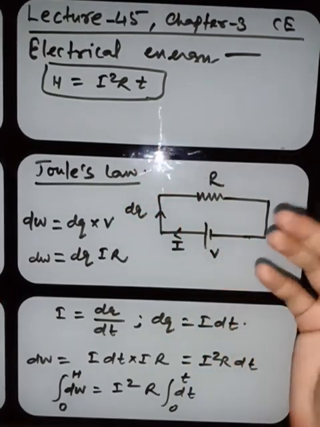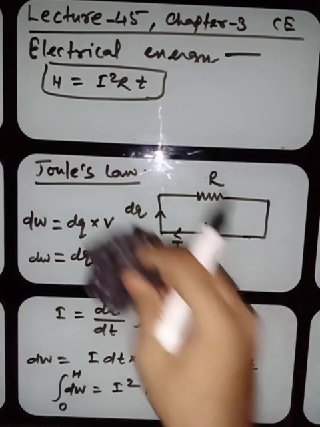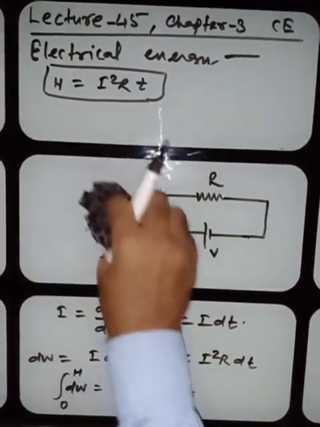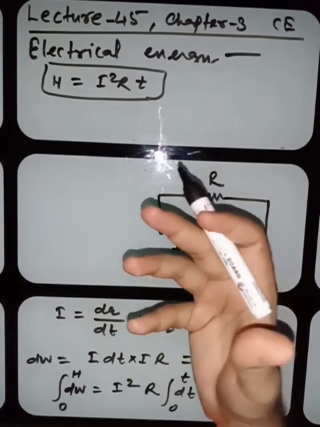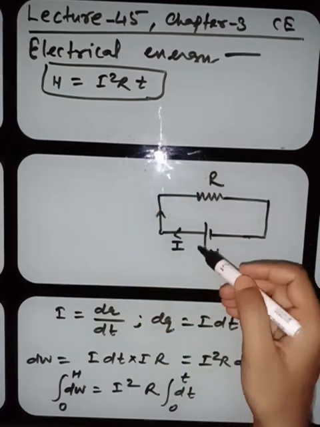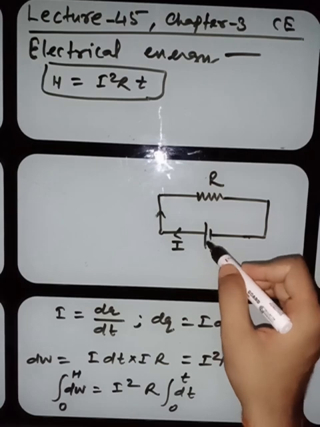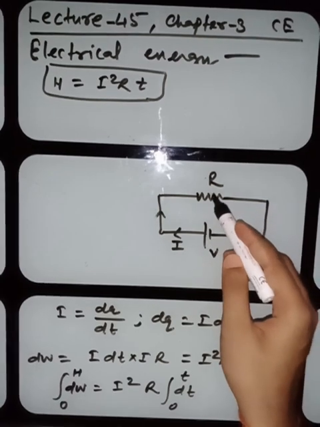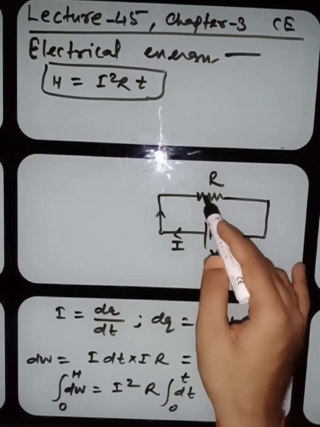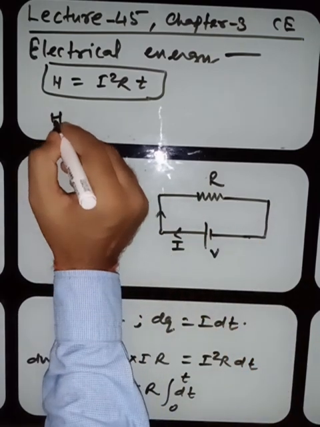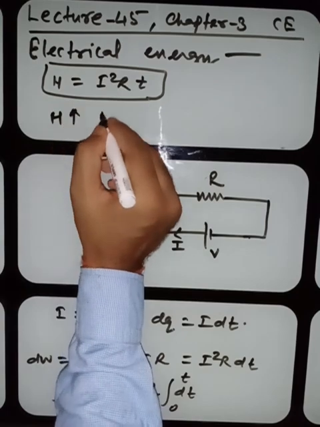Now what was Joule's law actually? Joule's law was very simple. According to Joule, what Joule experimentally found is that if you switch on a battery, the heat radiated by this resistor depends on three things. This heat depends on this current.